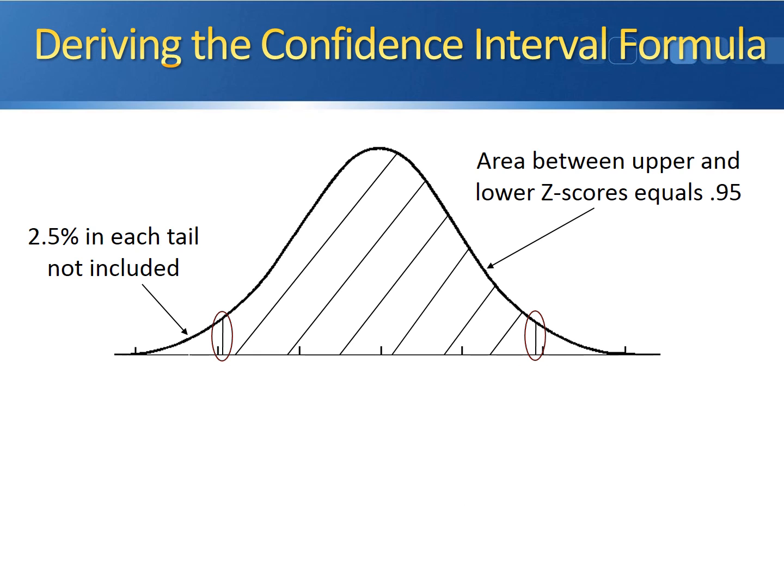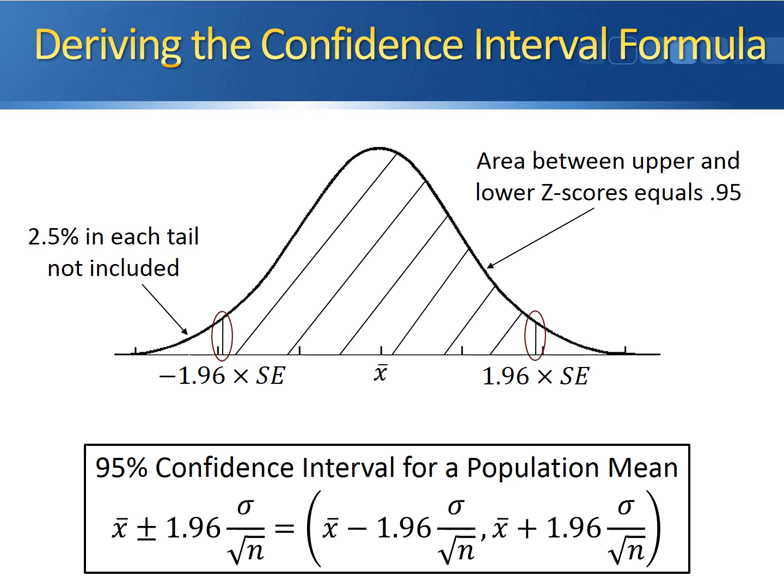At this point, we can go back and bring the sample mean back into the equation. Our confidence interval is going to be centered at x bar. We know the multipliers and we know the standard error. So the confidence interval is going to extend 1.96 standard errors in each direction from the sample mean.